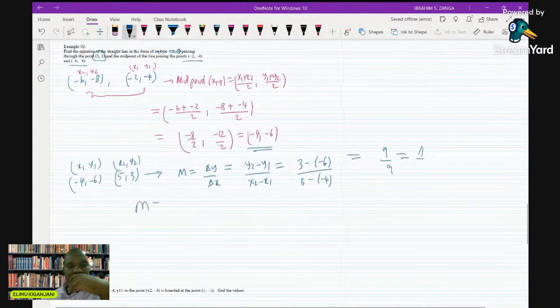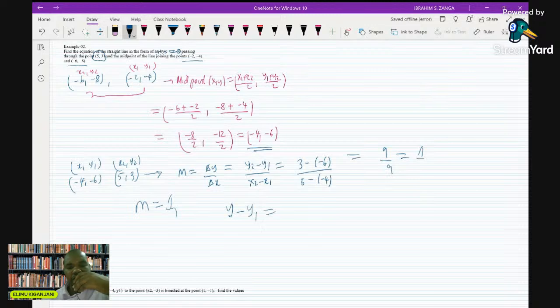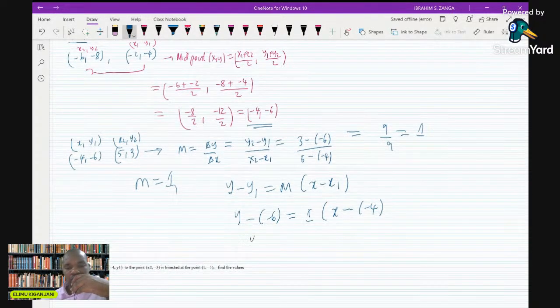With slope equal to 1, we are going to use the equation with slope and point relation: y minus y1 equals m times (x minus x1). So it is y minus (negative 6) equals m, which is 1, times (x minus x1, which is negative 4). So basically this is y plus 6 equals x plus 4.